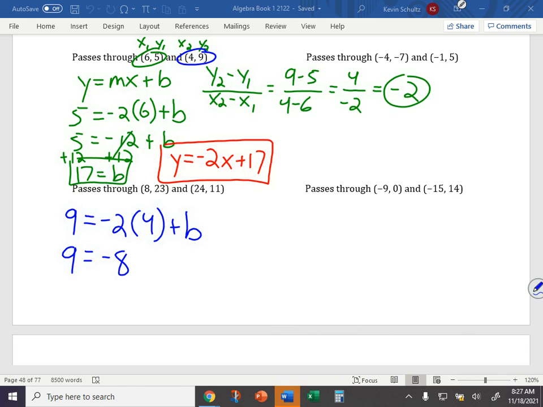That gives us 9 equals negative 8 plus b. Adding 8 to both sides to cancel it out gives us again 17 as the value for b. So both ordered pairs are going to work. It does not matter which one you choose.